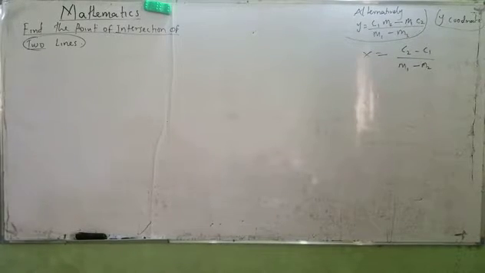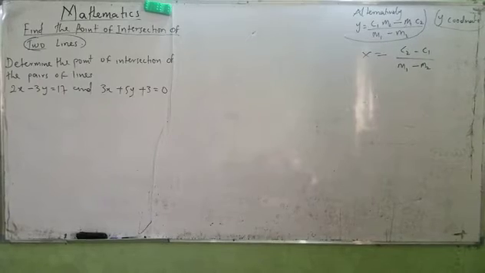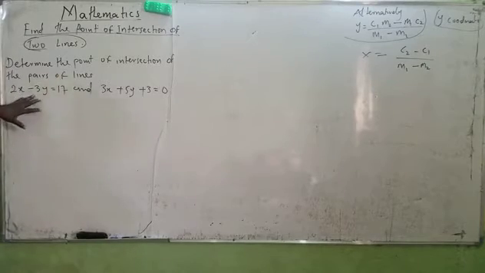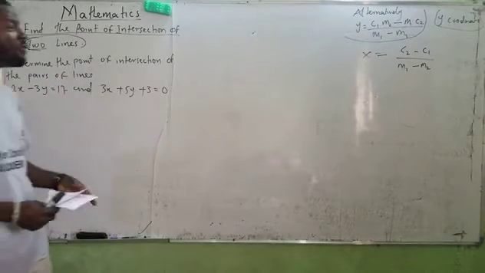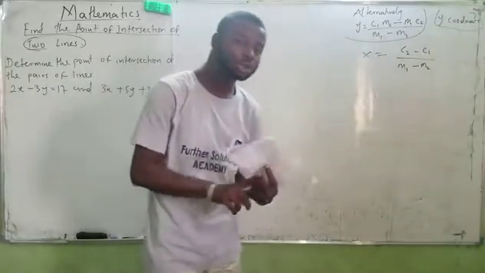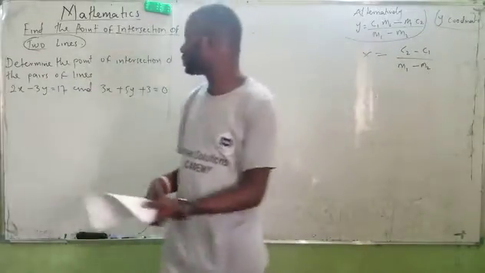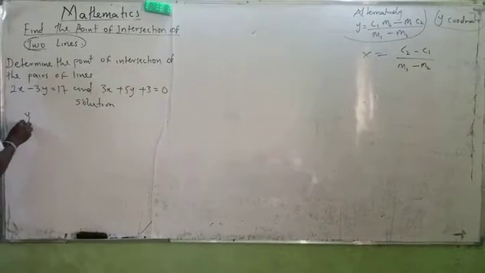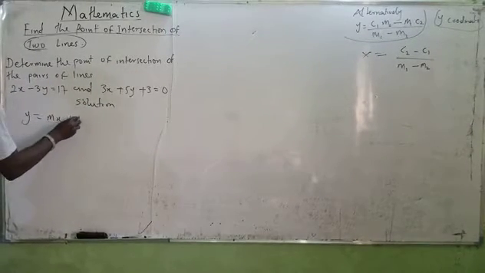Now, I just want us to work on some questions. Look at this question. Permit me to write it down. Determine the point of intersection of the pairs of lines. This is line 1, this is line 2. Don't forget, you need your c1, c2, m1, m2. And I've told you earlier that your y must be equal to mx plus c.